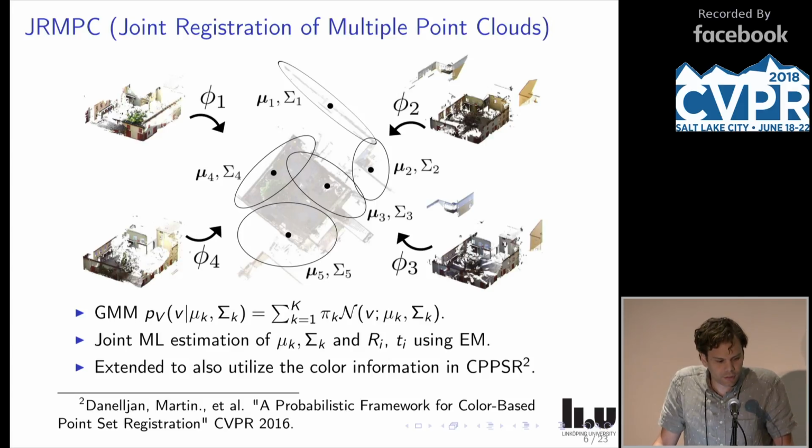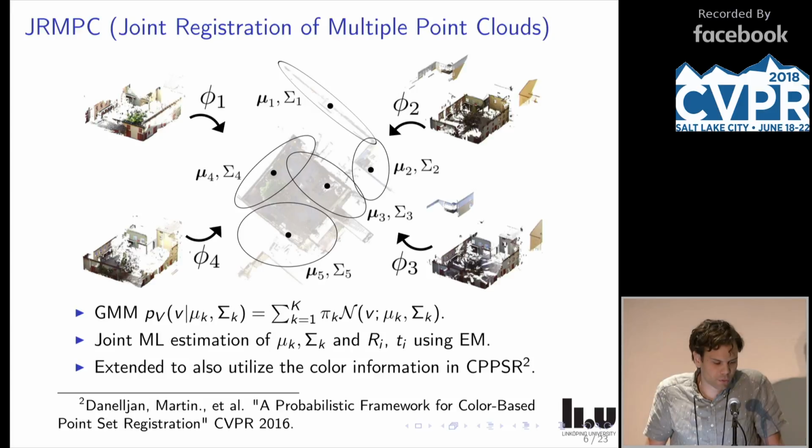The method generates a probabilistic model over the joint distribution of the 3D points, and this is realized using a Gaussian mixture model. The Gaussian mixture model parameters, together with the transformation parameters, are jointly inferred using a maximum likelihood approach, carried through in an expectation maximization framework.